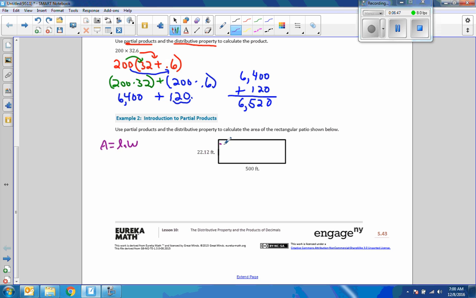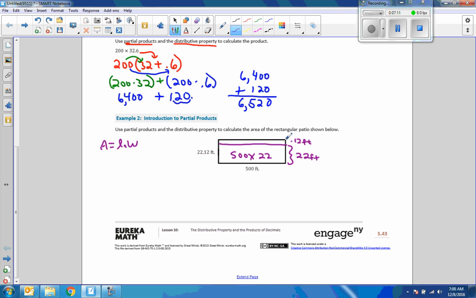So what we're going to do here is make 2 rectangles. This big rectangle down here is going to be 500 by 22. So we're going to break this up, and we're going to calculate this area first. And then this tiny little sliver up here is going to be the 0.12 feet.